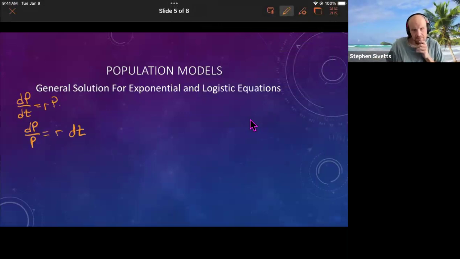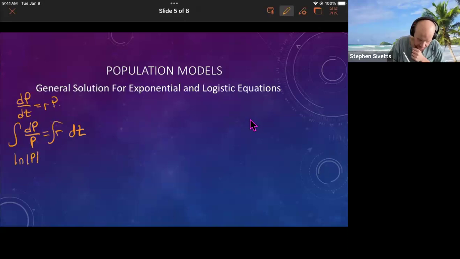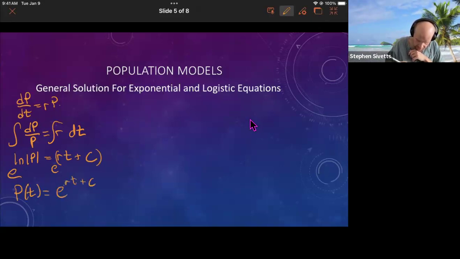Then if we integrate both sides, we'll have the natural log of the absolute value of P equals R times T plus C, right? If we take the exponential of both sides, we'll have P of T equals e to the RT plus C. But e to the C is just another constant, so we'll just write this as big C e to the RT.